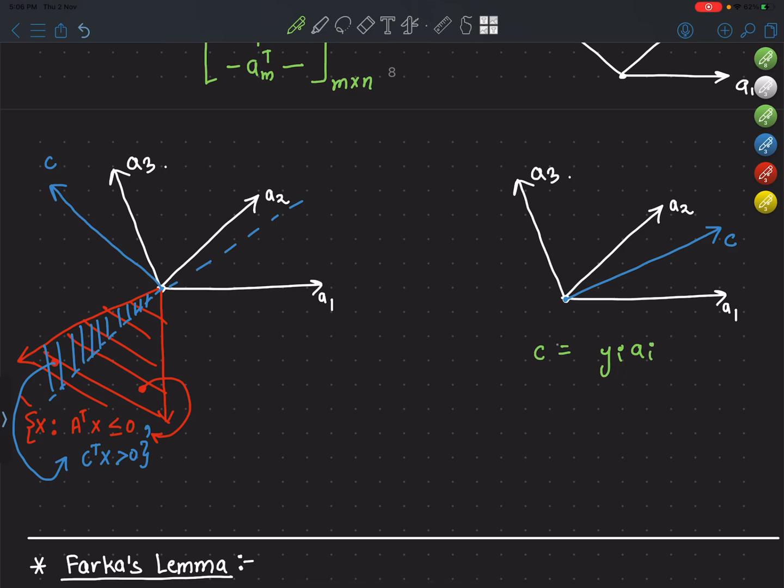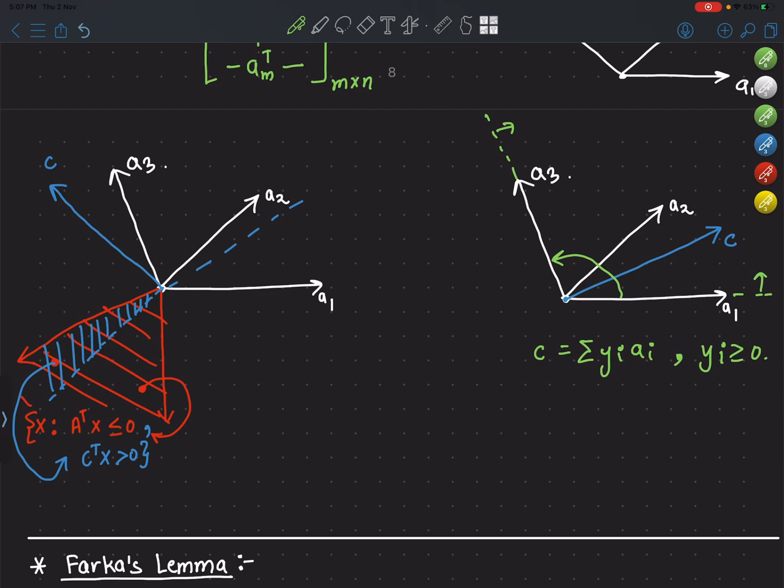If I write a linear combination of a1, a2 and a3 with positive coefficients, the vectors will lie only in this area, correct? Because only in this area will the positive combinations of a1, a2, a3 lie. So if c lies inside this area, then this is true. So what the lemma says is, c can lie either inside this cone or outside this cone.